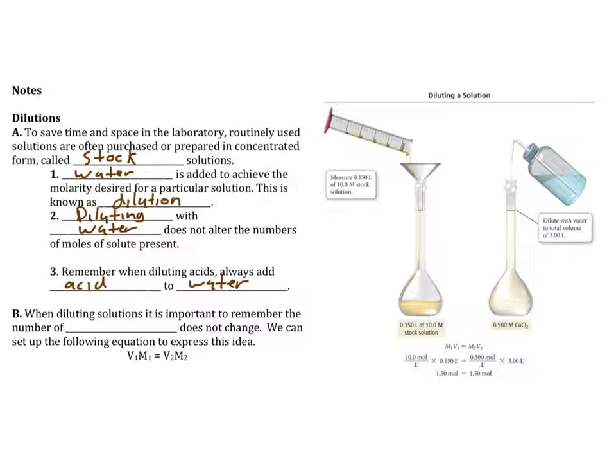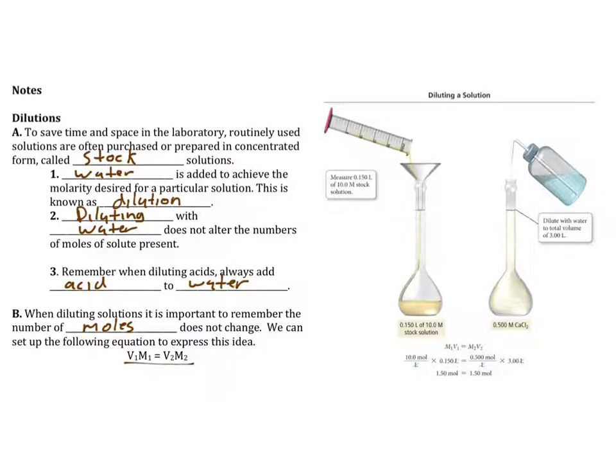So when diluting solutions, it's important to remember that the number of moles, very important, does not change. Again, when you're adding water to a container, the moles inside of it do not change. The concentration changes. If you put 5 scoops inside of the milk and you add more milk, there's still 5 scoops in there. The concentration of it is not so chocolatey, but it's still got 5 scoops in there.